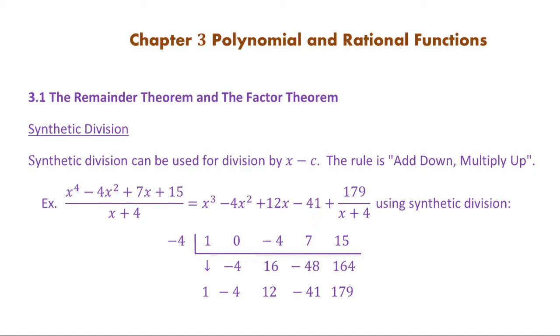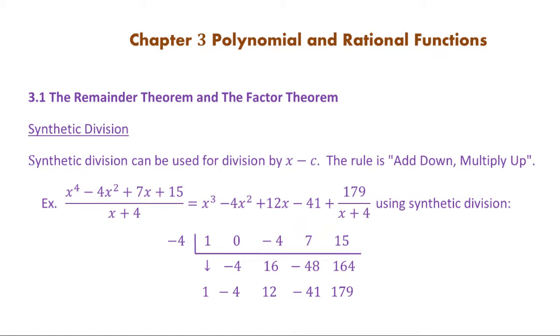And the last number on the bottom row, 179, is the remainder for this division. So you add 179 over x plus 4 for the last term in the result, and the other four numbers give you the coefficients of the quotient.